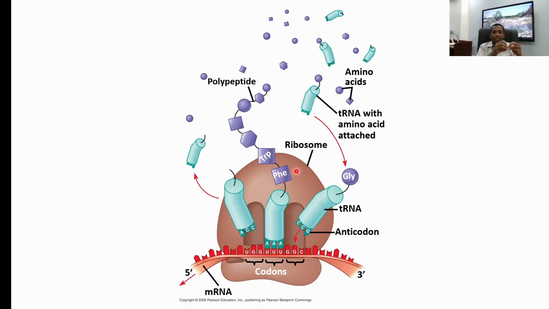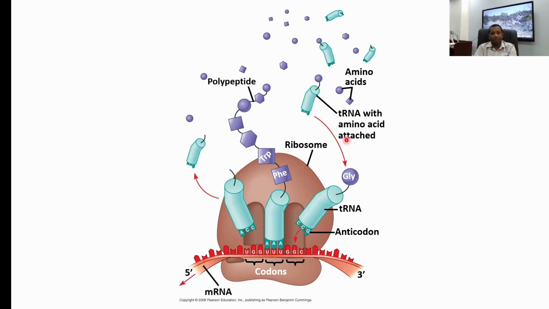So this process continues until the ribosome reaches its stop codon. Okay. So reading of the mRNA takes place from 5' to 3' end.